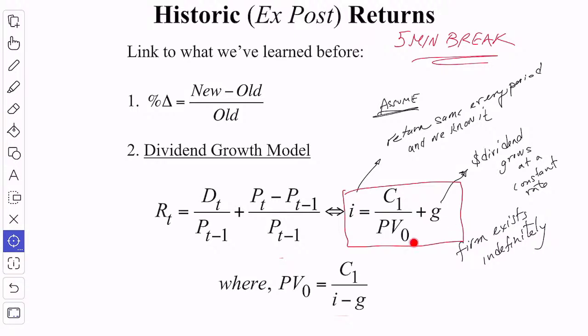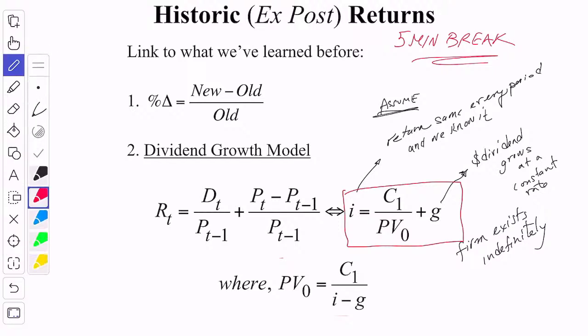We know the price from last period, and we know the coming dividend. This is how we can estimate it. This is called the dividend growth model. So, provided you know those things and you make those assumptions, this is an easy way to compute your appropriate risk-adjusted rate of return.